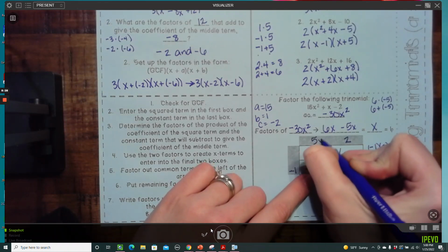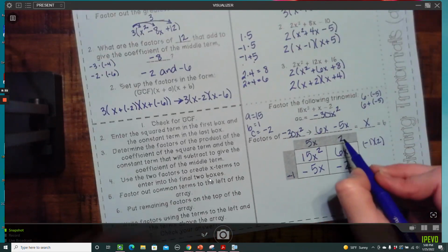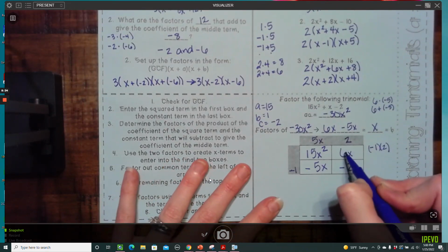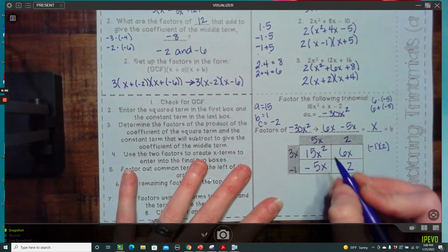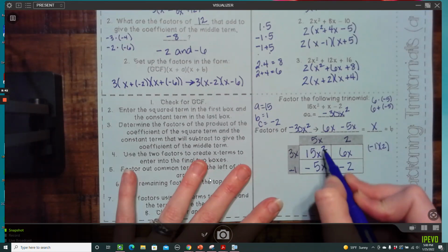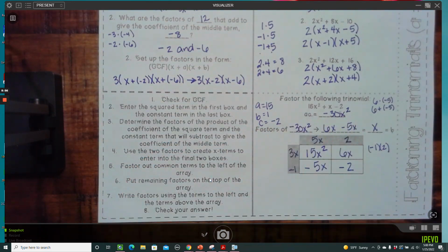Well, that's going to be 5x. And then you can kind of check your other stuff too. What times 2 is going to give me a 6x? That's a 3x. And then 3x times 5x gives me 15x squared. So sometimes you just have to work with these and play around with the numbers. There are other methods that work so much better when we're factoring these trinomials where a is not a 1 value.